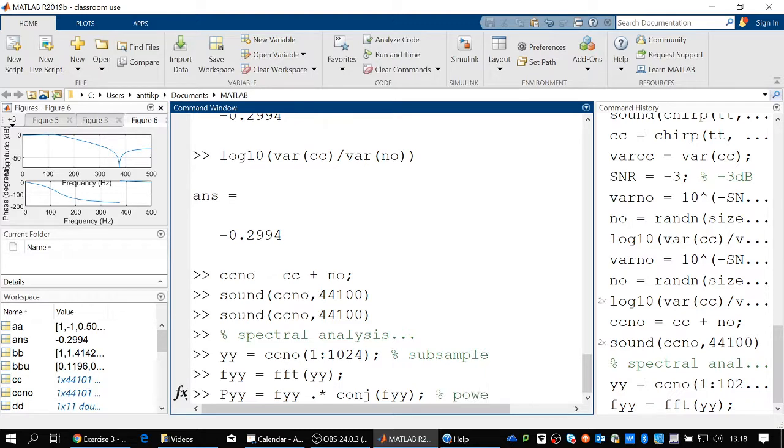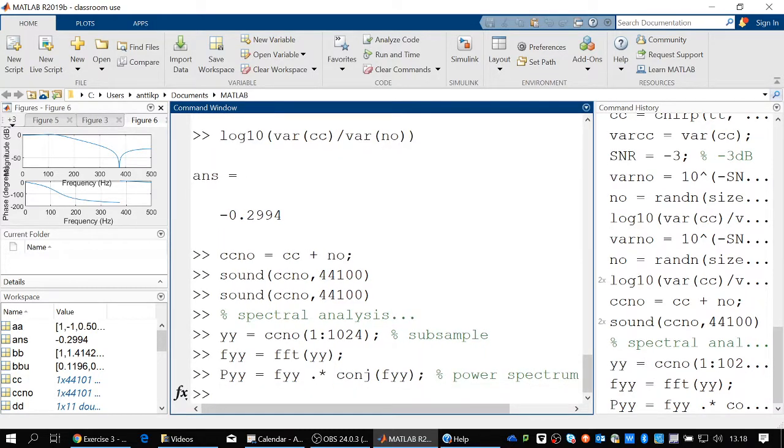Okay, this is the power spectrum, and this is the full spectrum, meaning that it has all the data from 0 to 2 pi. But we need only this top part, only half of that signal. So my interest is in this range from 1 to 513.